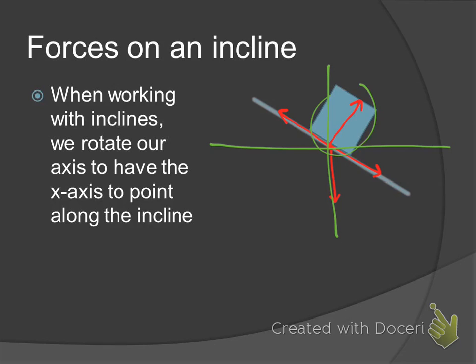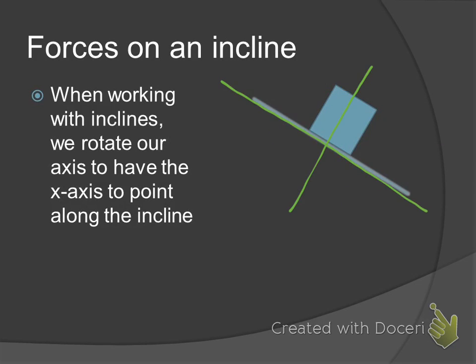My normal force would be at an angle, my frictional force and my applied force would all be at angles. So that's not easy for us. The easiest thing we can do is tilt our axes so that now our normal force is on the axes, our applied force and our frictional force are on the axes. The only one that's not is our gravitational force. Okay, does that kind of make sense?